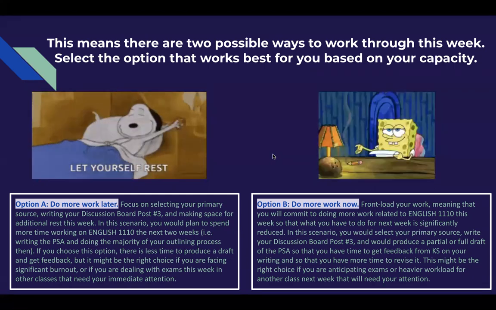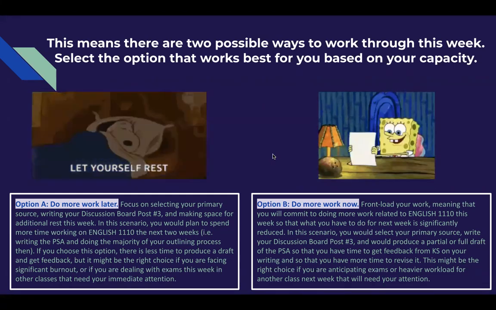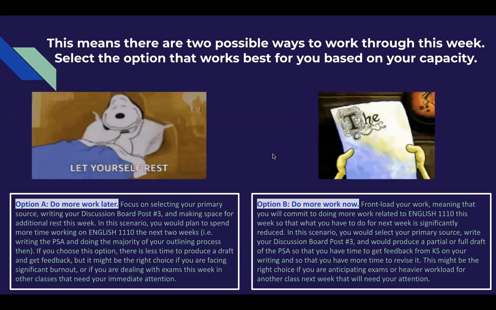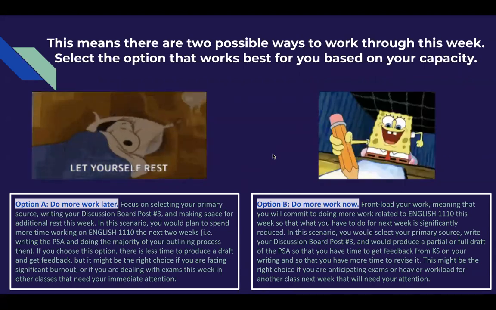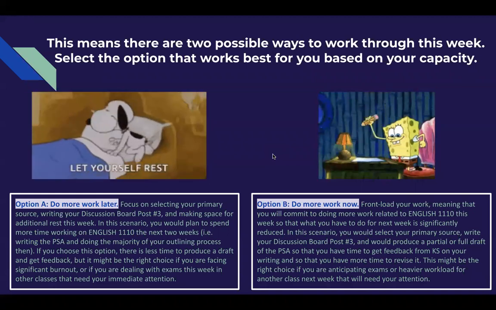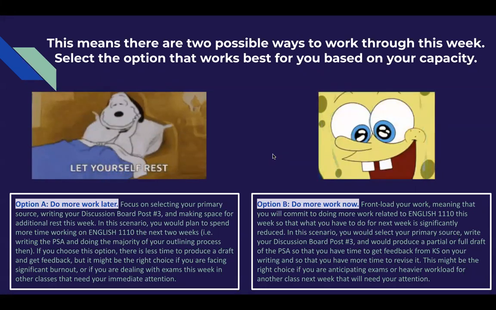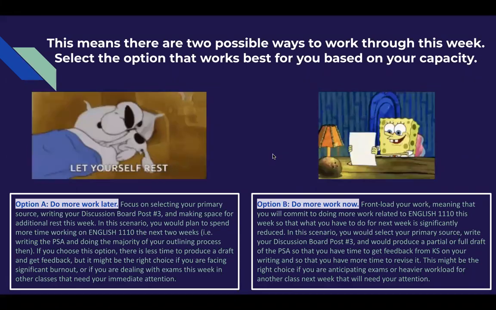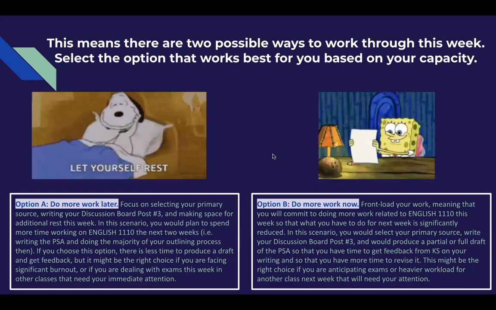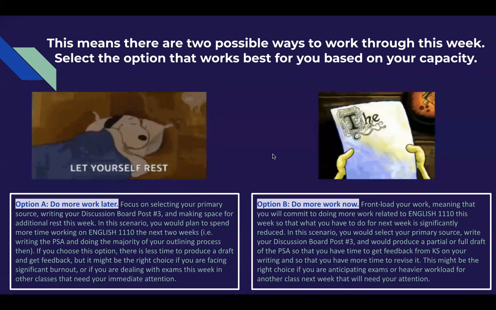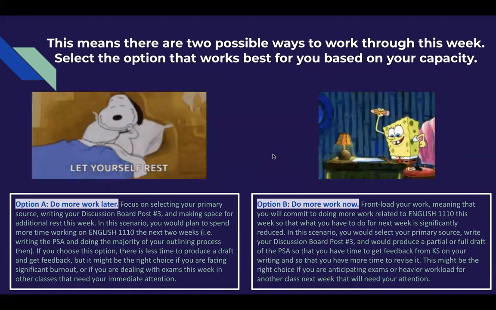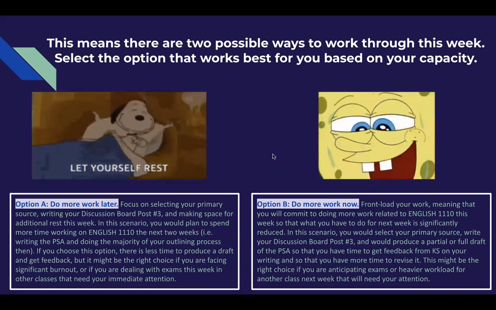Oftentimes when we think about capacity, we might be tempted to think of ourselves exclusively as laborers, meaning that you might be encouraged in other classes to only think about your schoolwork as the only things that you're having to take on. But as I hope we've looked at a little bit this semester, there are plenty of other things that you might be taking on, whether it's emotional labor, caretaking, mental health, right? Tons of different things can impact your capacity beyond just the work that you have to do.